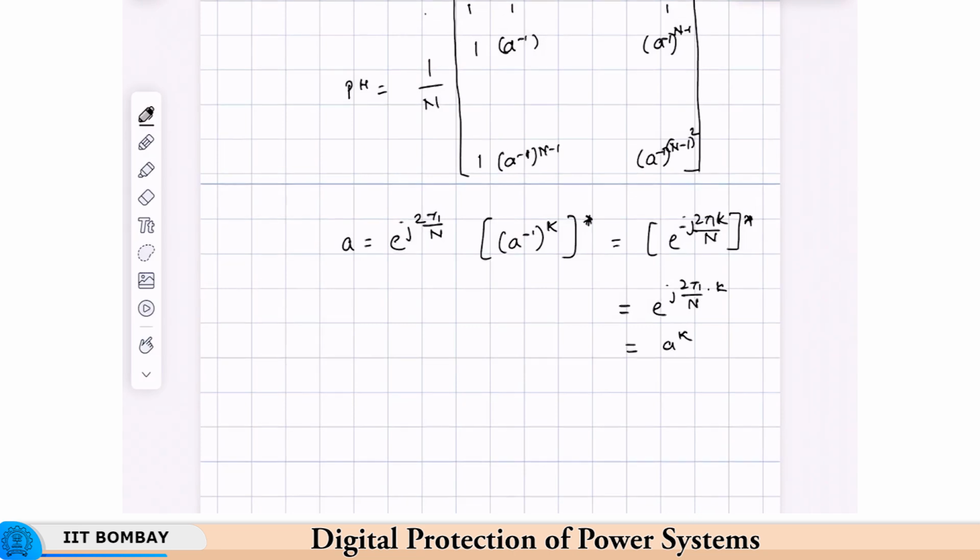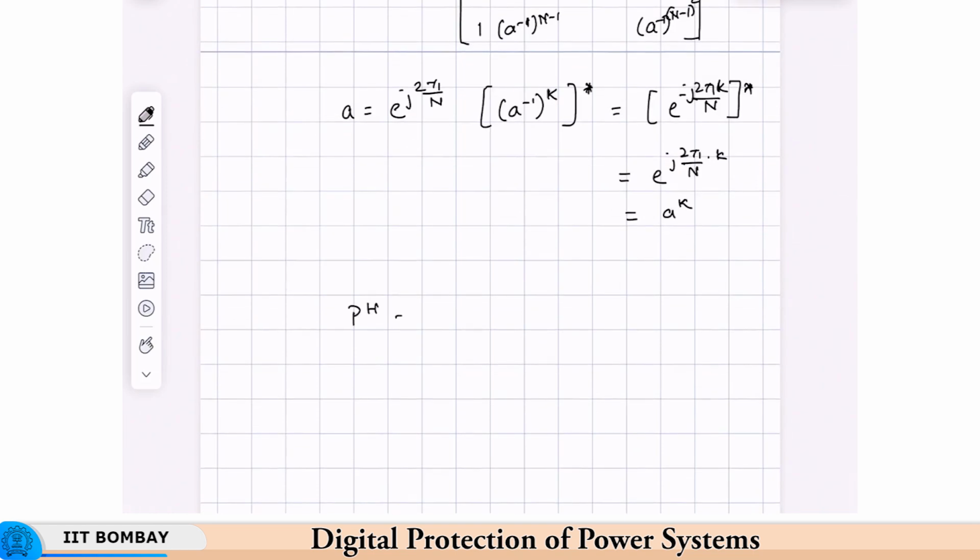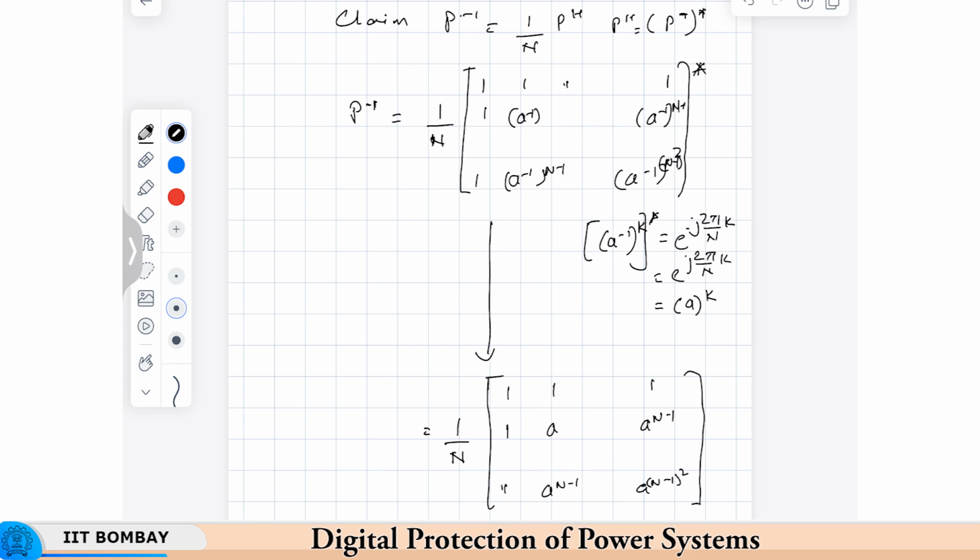So, the conjugate of a inverse with the index k is a raised to k. So, this matrix is 1 1 1 1, then 1 a raised to n minus 1, and so on, up to a raised to n minus 1 squared. As we said, because the axes are orthogonal to each other, or these rows and columns are orthogonal to each other, we get a nice straightforward inverse in this case.